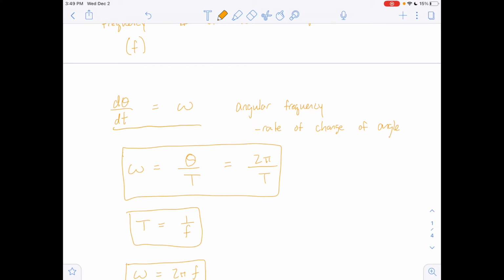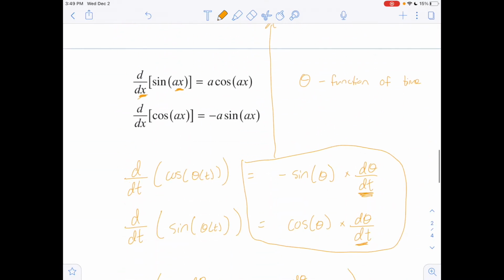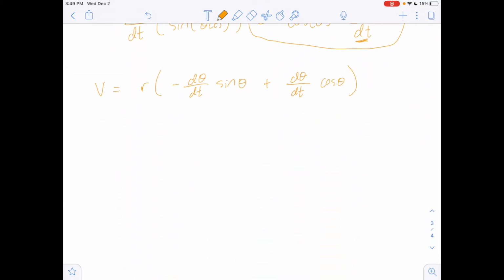So just to make things look a little bit nicer, let's replace d theta dt with the angular frequency. This would be like if we had dx dt there instead, we could just replace that with velocity. It's basically the same thing, but it's the rotational version of that. So let's go ahead and write that out.